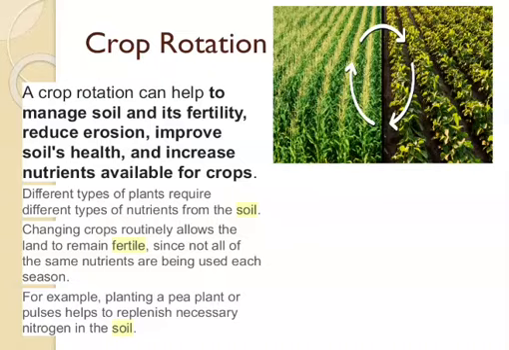As we know, different types of plants require different types of nutrients from the soil, and changing crops allows the land to remain fertile since not all the same nutrients are being used up each season. For example, planting a pea plant or pulses helps to replenish the necessary nitrogen in the soil.